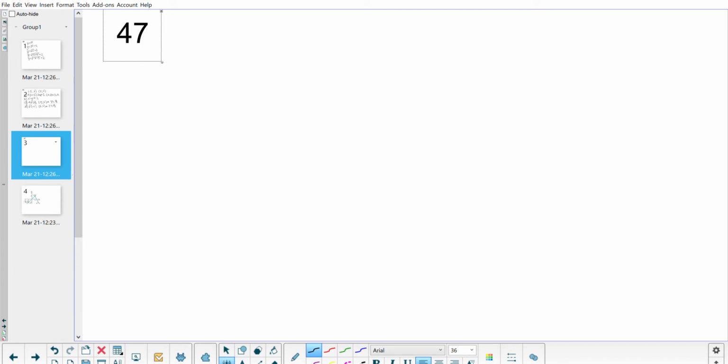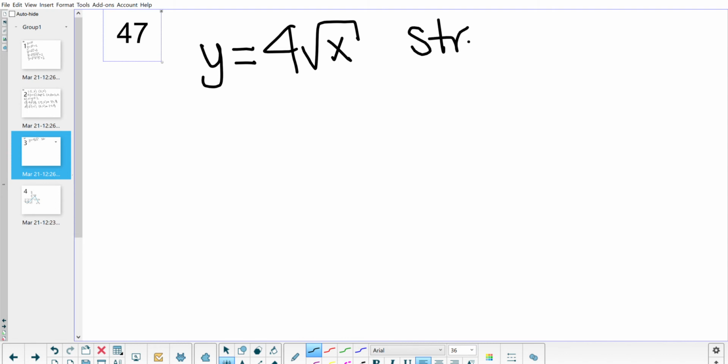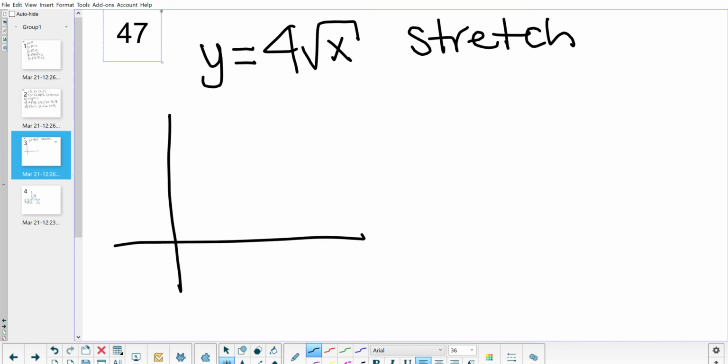Next, 47 is just graphing. If it's 4 times the square root of x, that is a stretch. If I take it times 4, that's going to make the y values much higher.